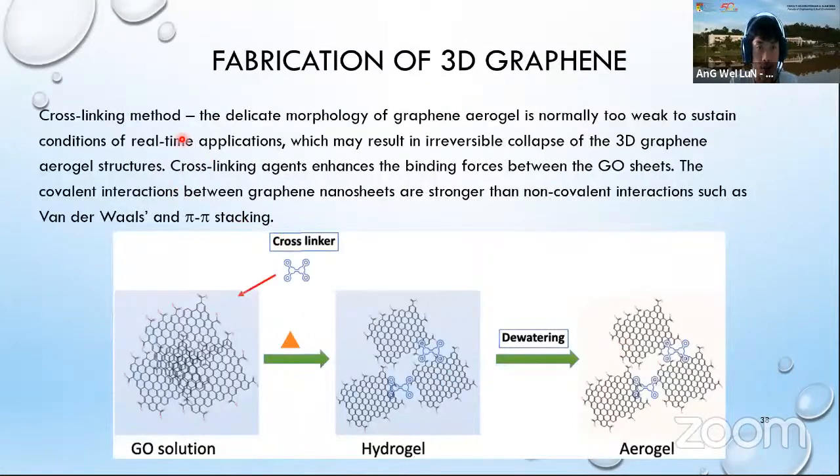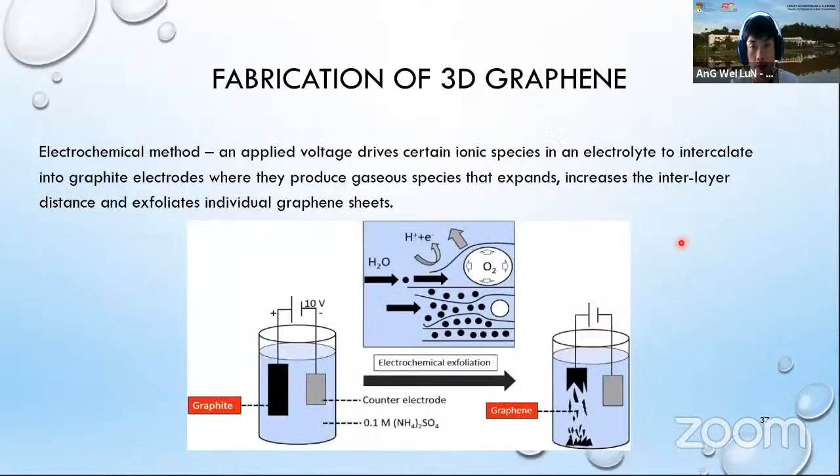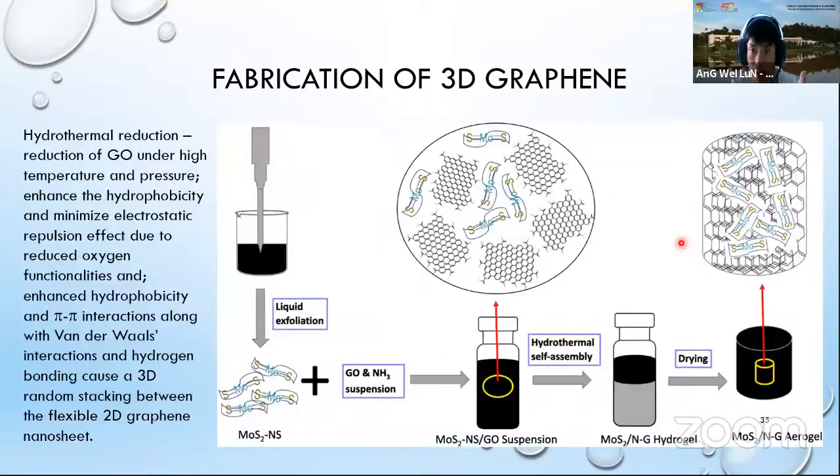Another method is cross-linking. I think this is the easiest method. The delicate morphology of the graphene aerogel is normally okay with the three methods here, where we get pristine 3D graphene.